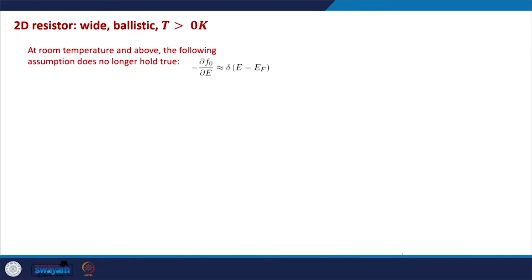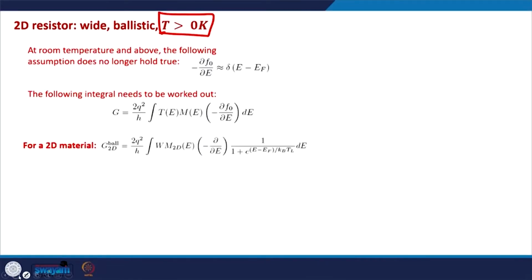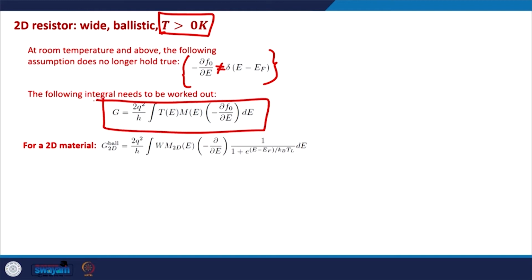In the last class, we were discussing the resistance of a wide ballistic conductor at room temperature, or higher than 0 temperature. In this case, as I mentioned, this Fermi window can no longer be approximated by a delta function, and so we again need to start from the expression of the conductance.